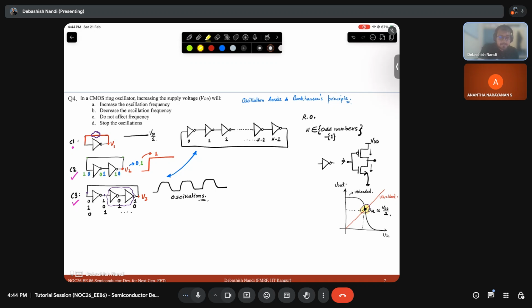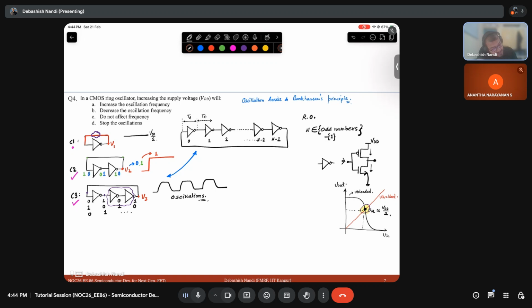Now, coming back to delays and inverters. What will happen if I have, let's say, n stages, n inverters, and the delay of one inverter is, let's say, TD, and the other inverters are identical, TD.